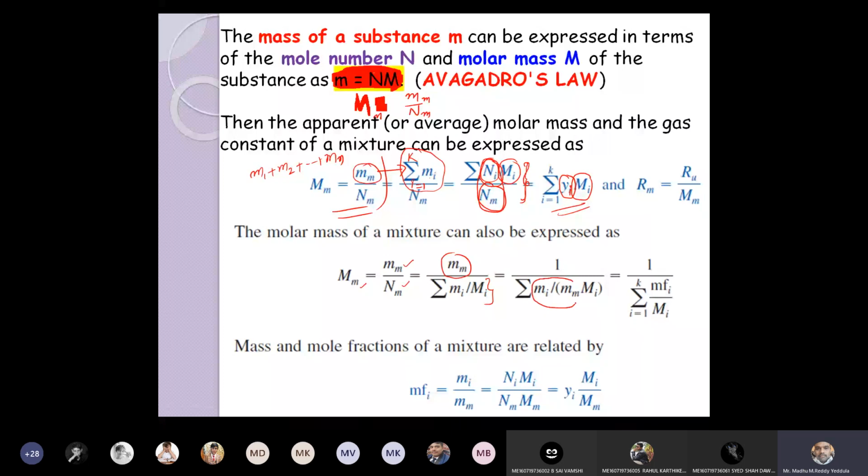So summation i equals 1 to k, here also i equals 1 to k. So mi by mm is nothing but mf, and this is the other way of representing the molar mass of the mixture. This means the molar mass can be represented in terms of mole fraction as well as mass fraction.